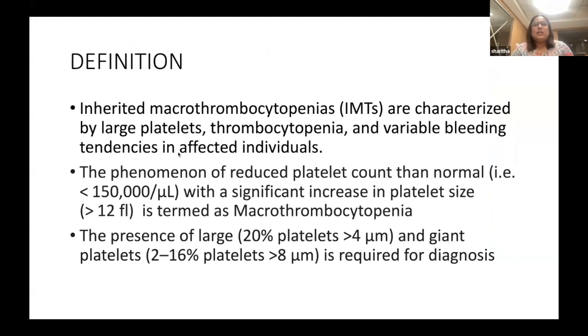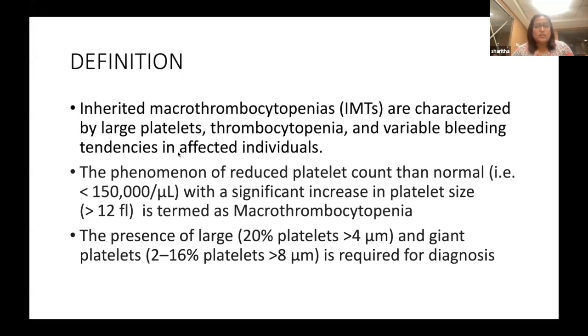So when do we call it macrothrombocytopenia? The phenomenon of reduced platelet count, that is less than 1.5 lakhs, associated with an increase in platelet size, that is an MPV value of more than 12 femtoliters, is termed macrothrombocytopenia. The criterion is that at least 20% of the platelets present should be more than 4 micrometers, and those are called large platelets.